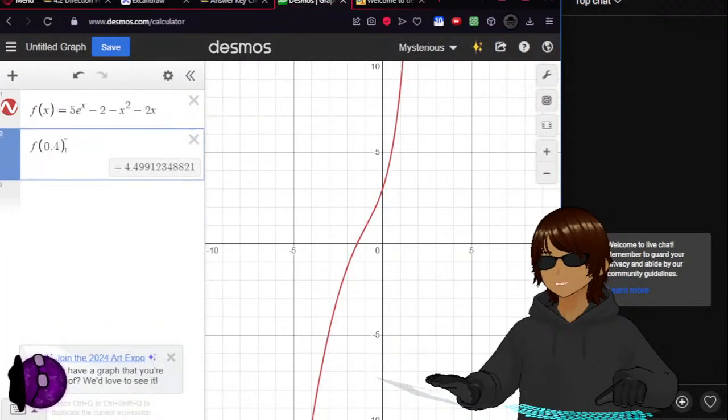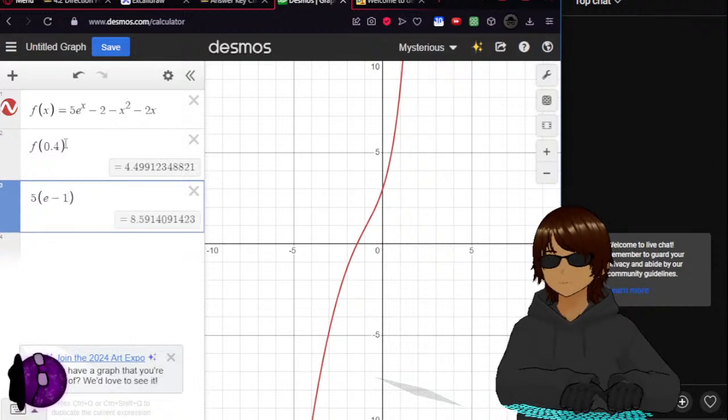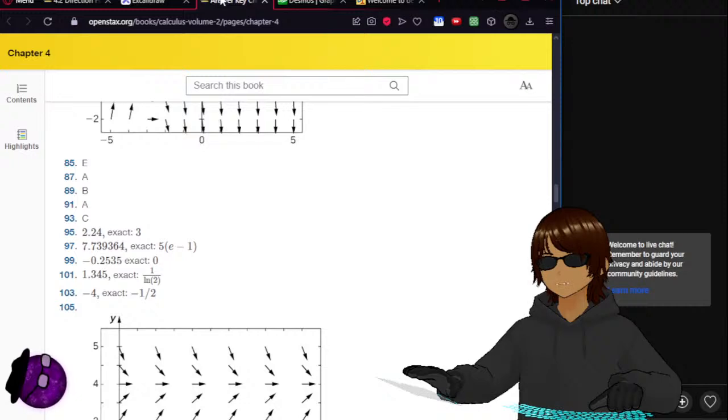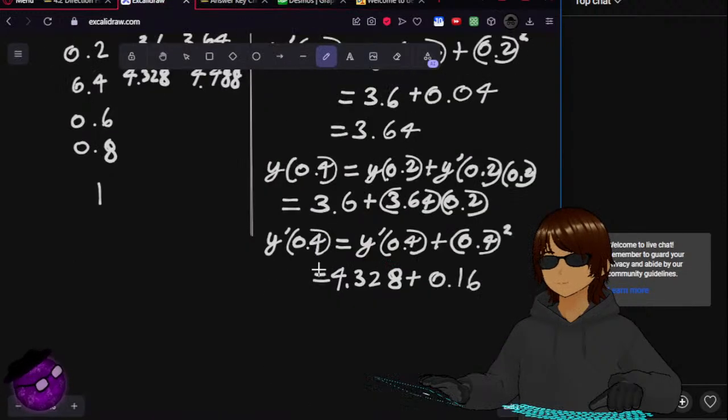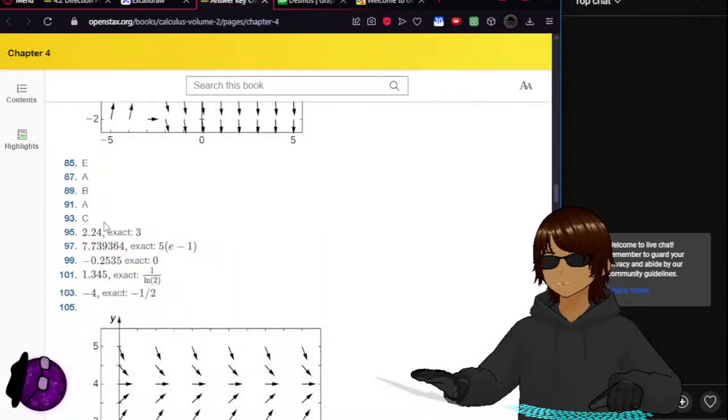What's the value of 5e minus 1? It's very far off. I guess this is correct. Well, I hope I'm right.